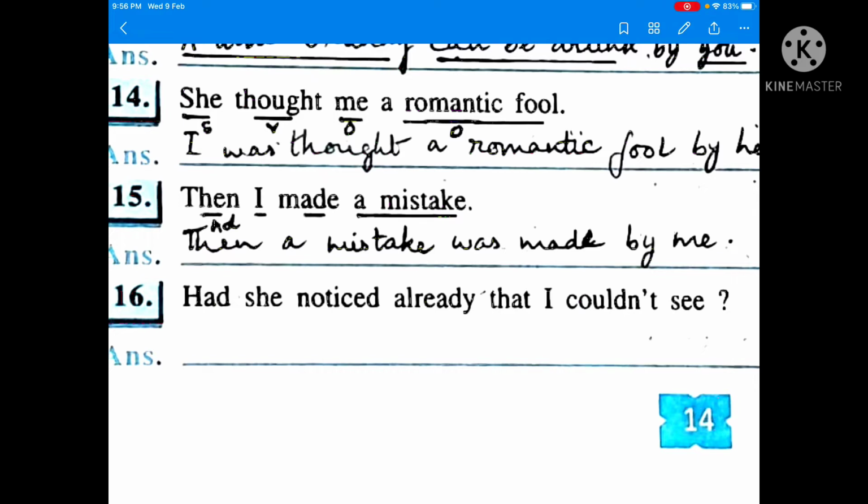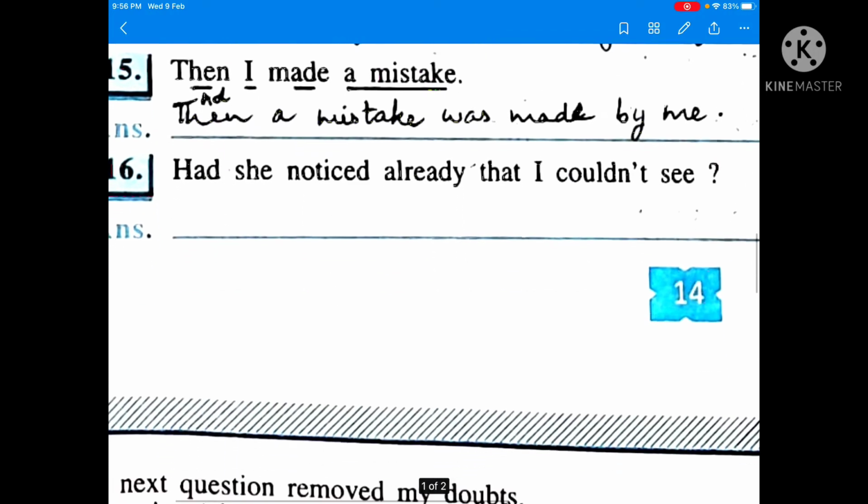Then a mistake was made by me. A mistake, the object becomes the subject. Made becomes was made. I becomes by me. Then a mistake was made by me.